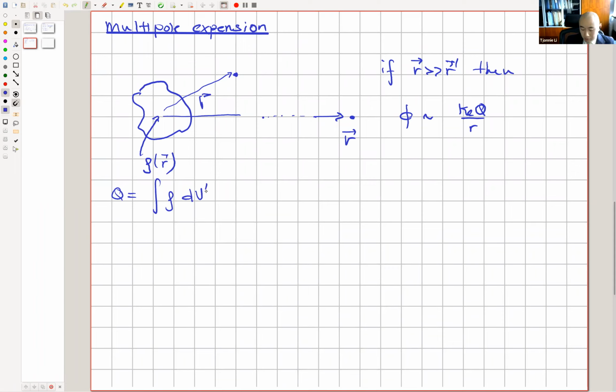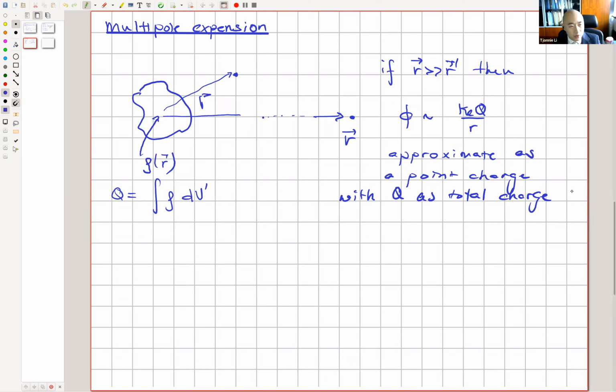That's good. And now Ling is writing that this is the so-called monopole, and this is exactly where I want to go towards. So this would be a monopole, and I'll explain this concept of poles. So indeed, if R is much bigger than R prime, then I can approximate this as a point charge Q, the total charge.